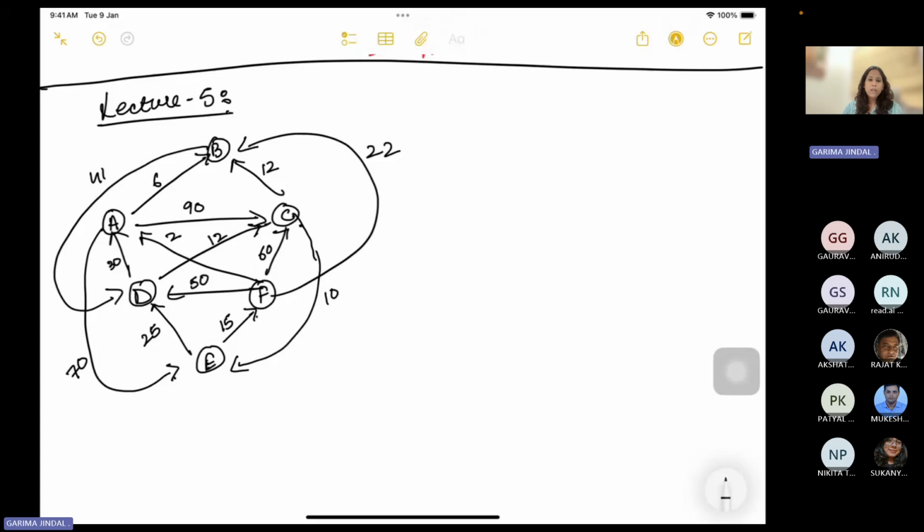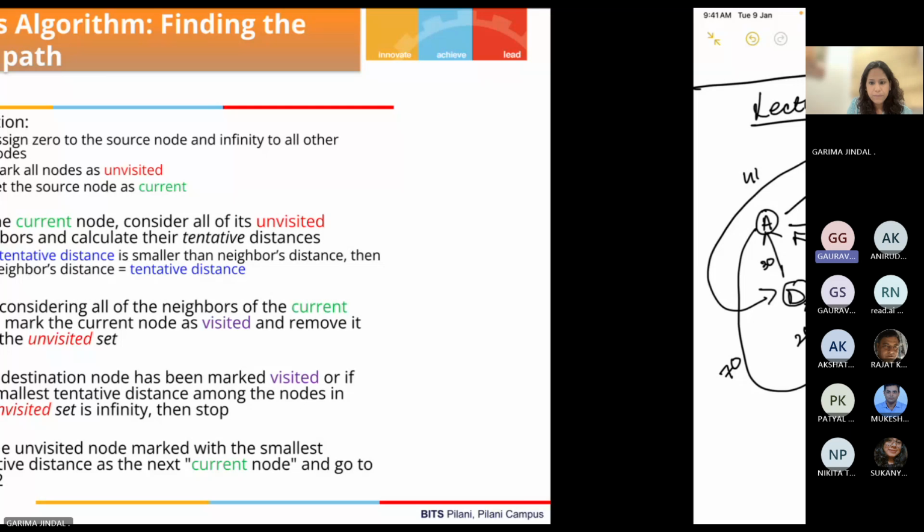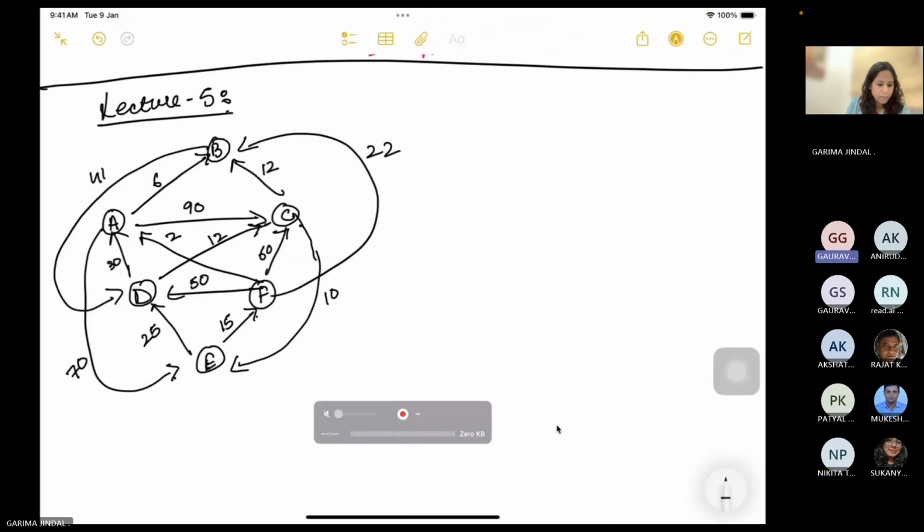Okay, so this is our initial graph. I hope everyone has noted this down. Should I wait for some time? So, ma'am, we can proceed. I have noted it.